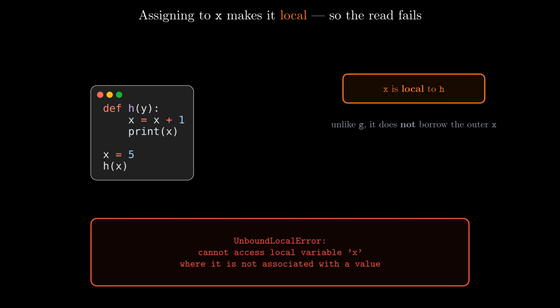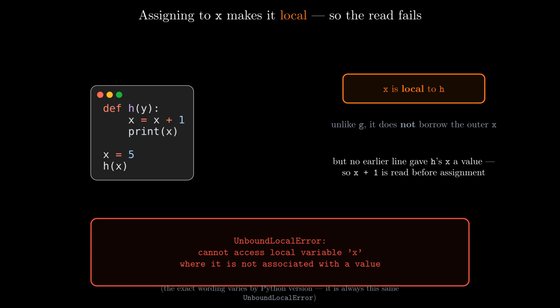Because you assign to x somewhere inside h, Python decides x is a local variable of h for the whole function. So when it evaluates x plus 1, it looks for local x, but no earlier line ever gave h's own x a value, so the reference fails. The exact wording varies by Python version, but it's always the same unbound local error.